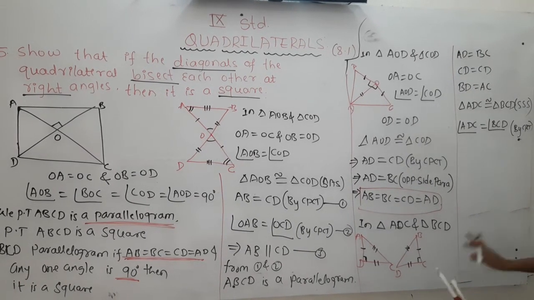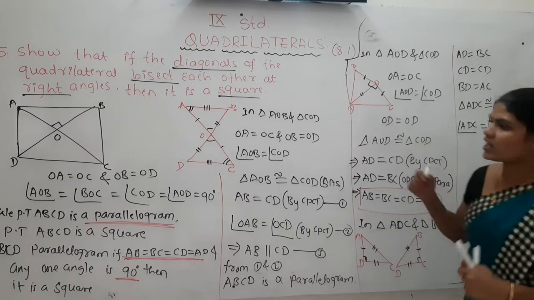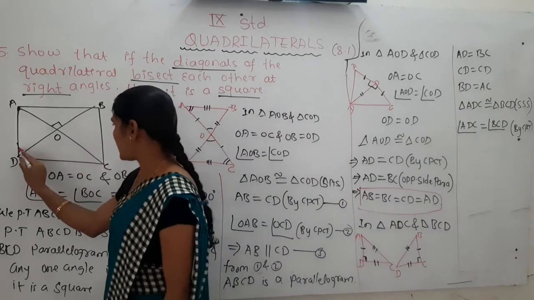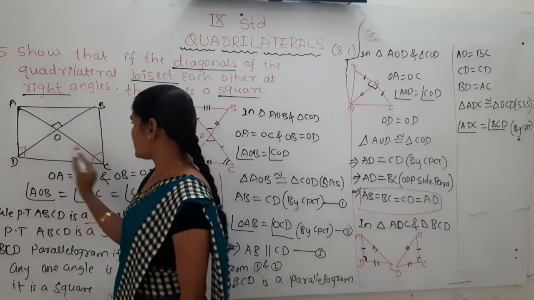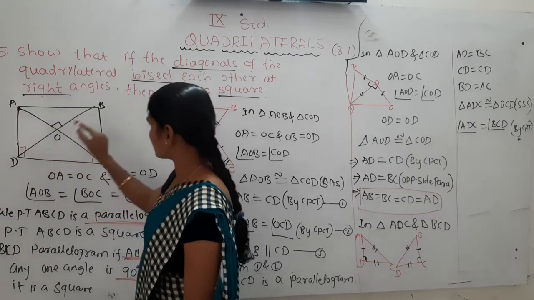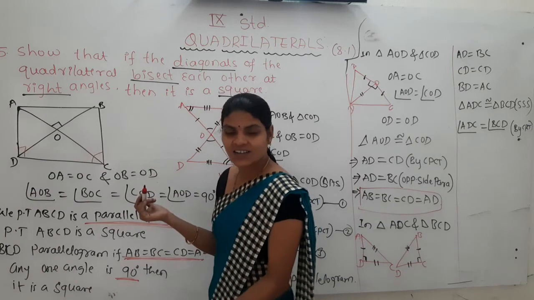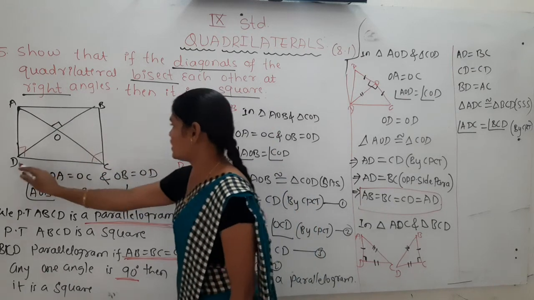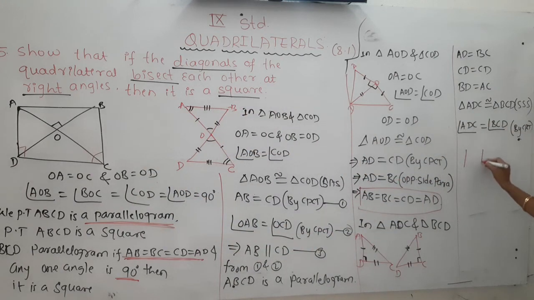Now observe, in a quadrilateral, it is angle B, it is angle C. If AD is parallel to BC, then what about DC here?